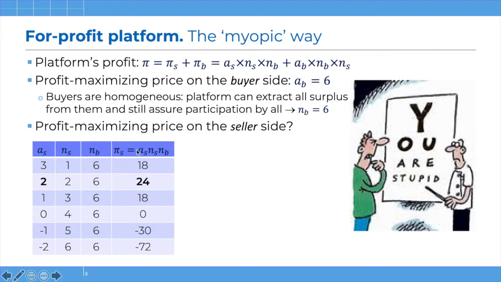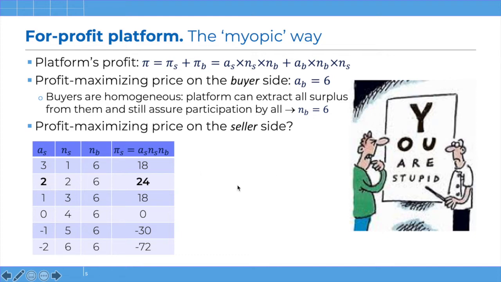I repeat, this is AS, the amount that sellers have to pay per transaction, times the number of transactions, which is the product of NS and NB. If you do these computations, and you can check later at your own rhythm if you want, you see that you maximize profit on the seller side if you just attract 2 sellers by having a transaction fee AS equal to 2.